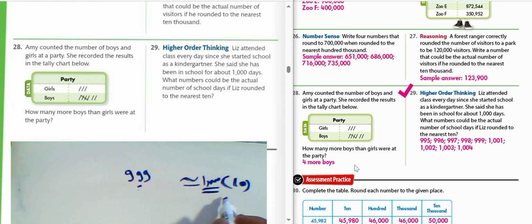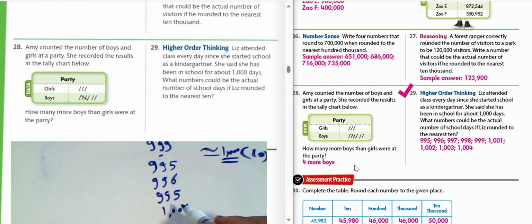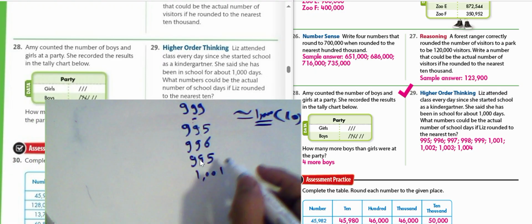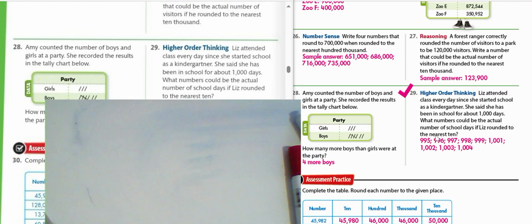Approximating to the nearest 10 will be 1,000. 992, 995, 996, or 1001. You can also write 1001, 1002, 1003, 1004. You can write all numbers like this.